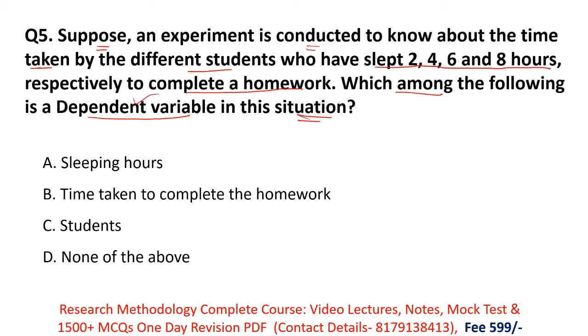Here you can see what they are telling us: the time taken by the different students who have slept for 2, 4, 6 and 8 hours. They are talking about the sleeping hours of students, because the sleeping hours of students are changing here.